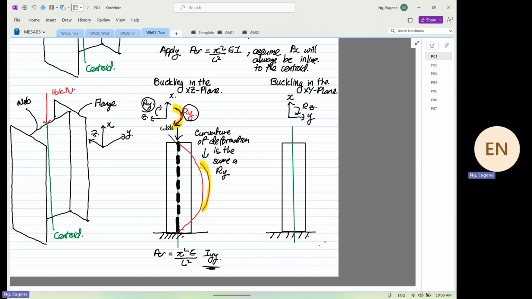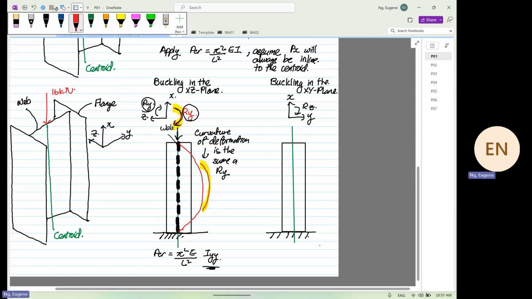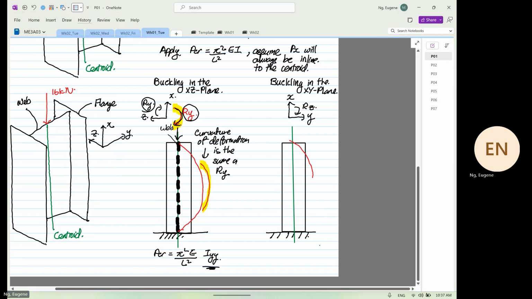There's another possible deformation that will occur. Can you see the difference between the diagram on the left-hand side and the right-hand side? What is missing? What did I not draw? The dotted line, yes or no? So you all know what we are looking at. From here, the deformation will look like this. I'm going to draw the deformation pattern now.